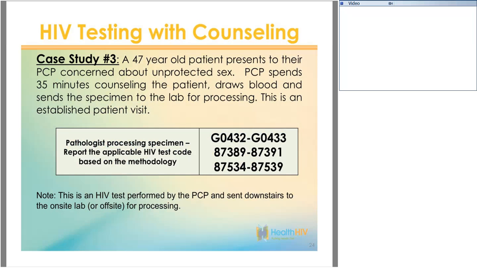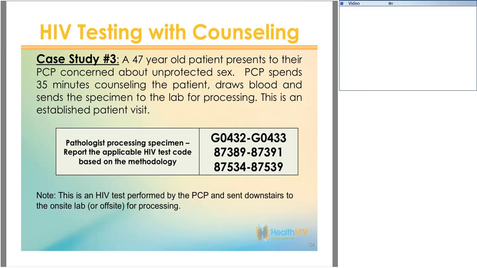The next scenario is HIV testing with counseling. Because this is not a point of care test, this code is specific to when there's blood work drawn and the specimen is sent to the lab.